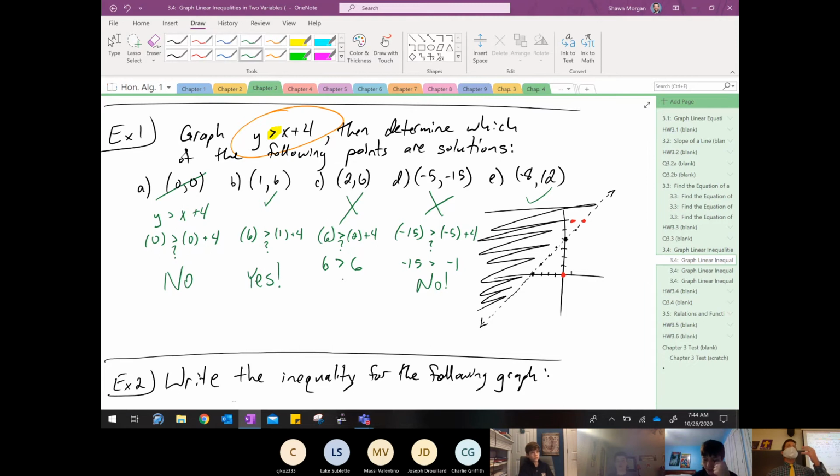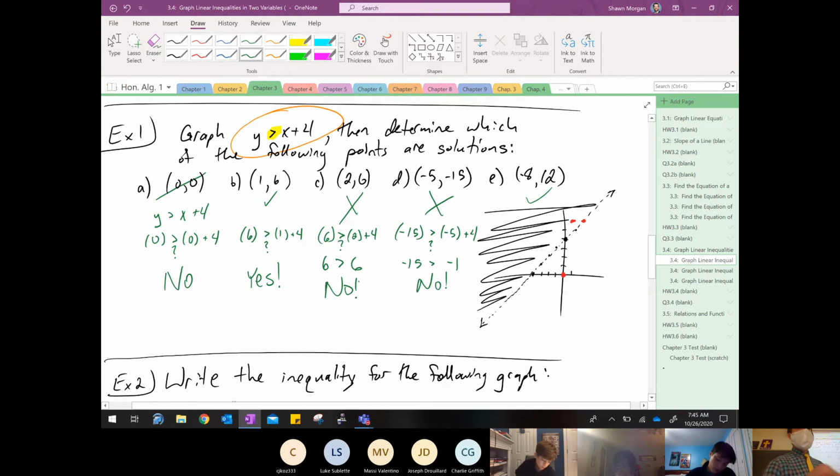In your notes, write down that a solid line means we are including all of the points on the line as well as our shaded region in our solution set. Sadly, on this one, we did not include that third point right there because it was strictly greater than.